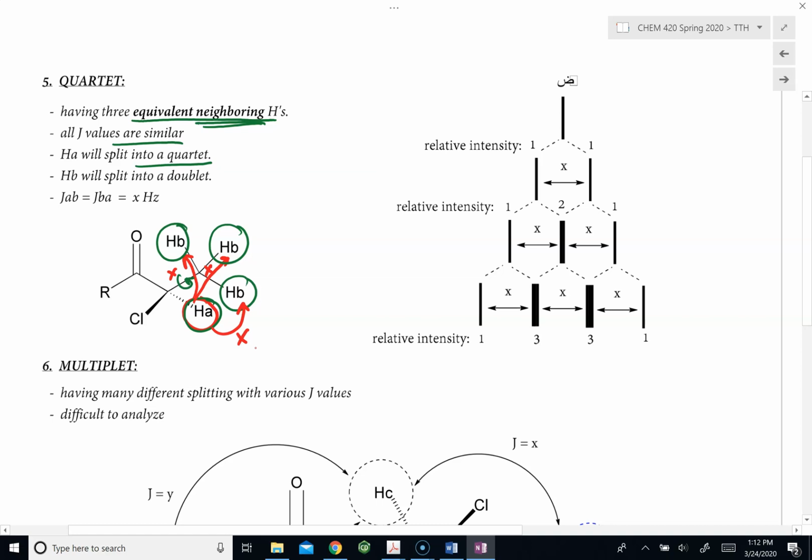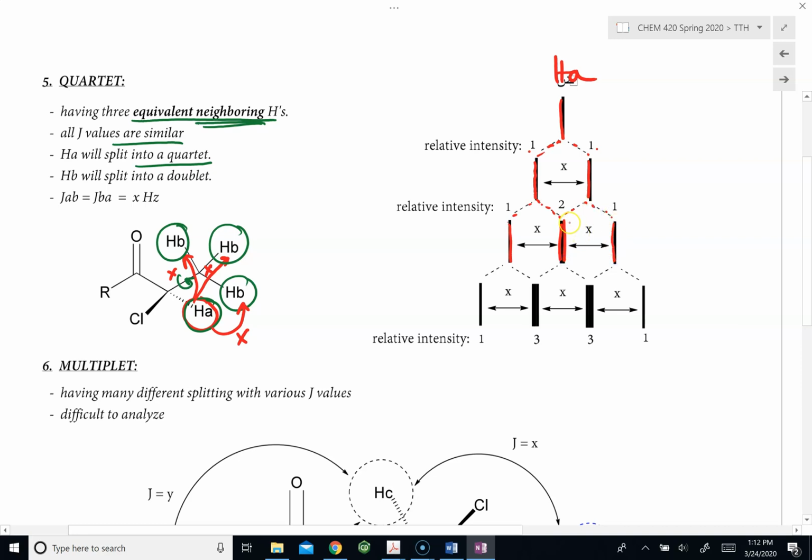So let's now draw the signal of what HA would look like. HA initially starts out as a singlet. And now when it communicates with the first HB, it gets split into a doublet. And now the relative intensity of this doublet will be 1 to 1. When HA communicates with the second HB, this resultant signal gets split one more time. So one over here and one over here. Same thing with the other signal. It would split one over here and one over here.